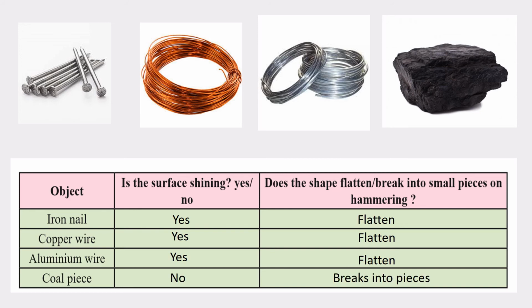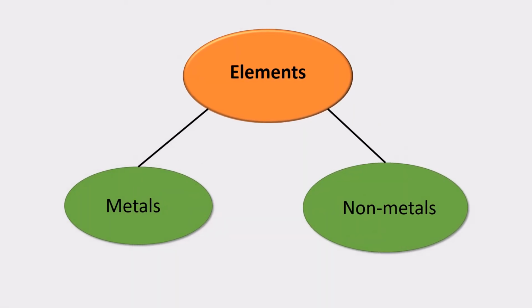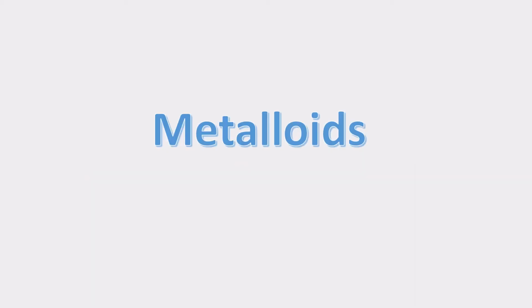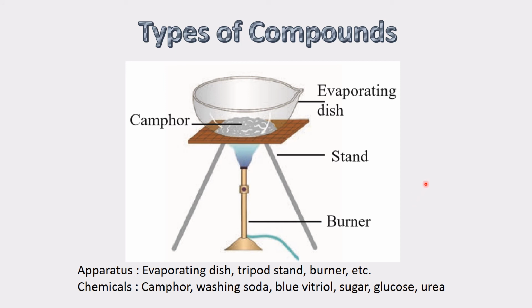We'll study the types of substances. Elements are classified as metals and non-metals, and more, that is metalloids. So we'll see one experiment regarding types of compounds.